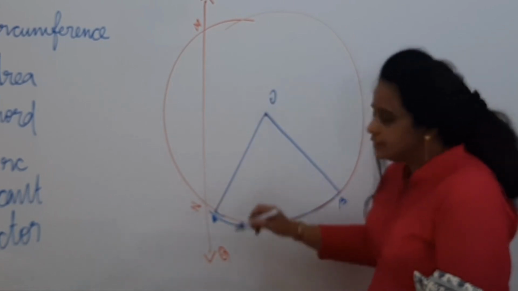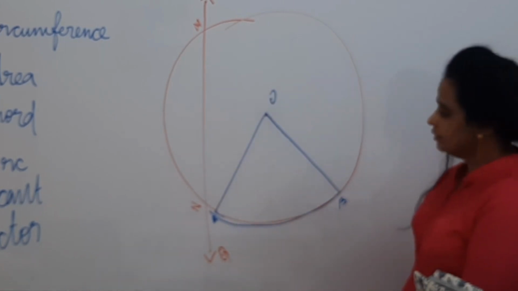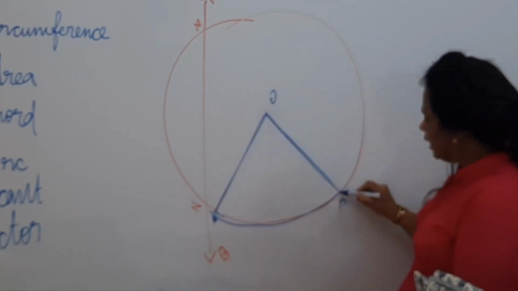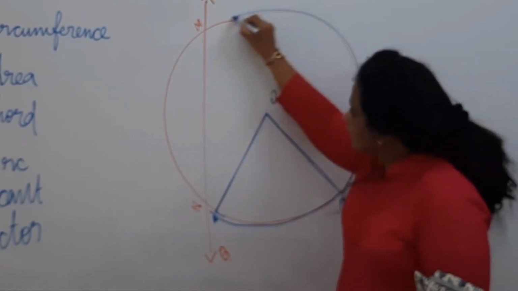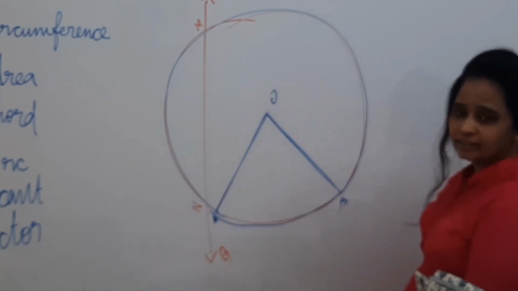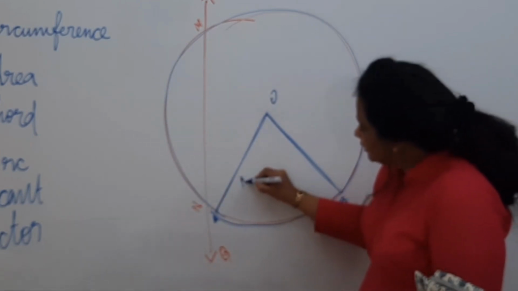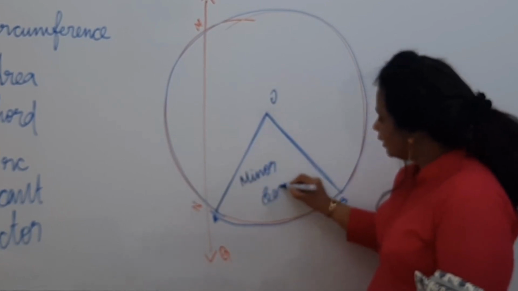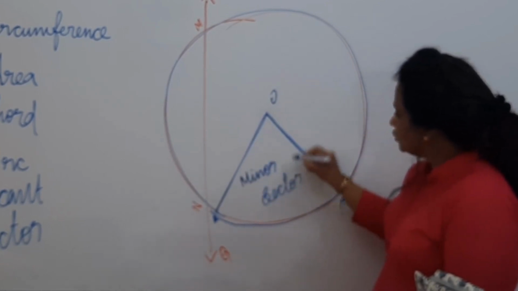So AB is its corresponding arc. In the same way, OA and OB are the radii where AB, the major arc, is also its corresponding arc. So how do we write this sector? This we say is the minor sector and the other one is the major sector.